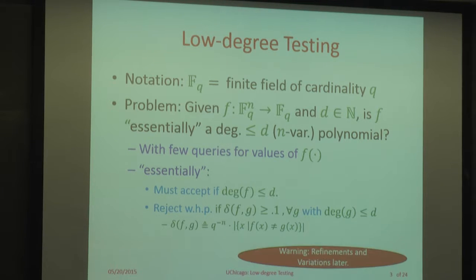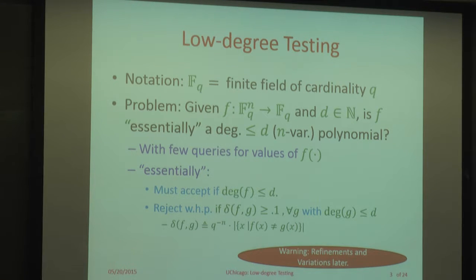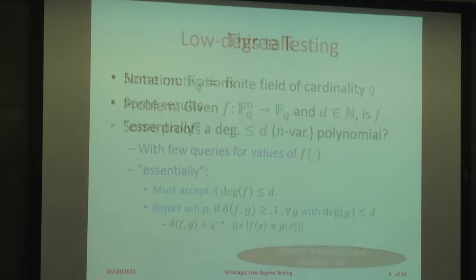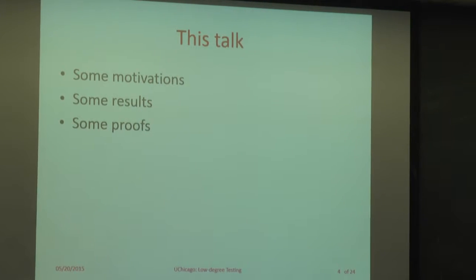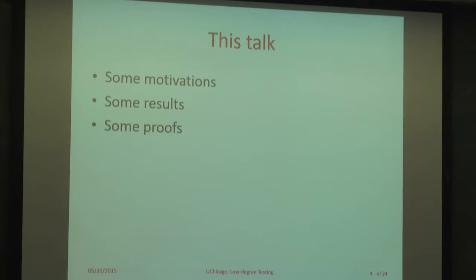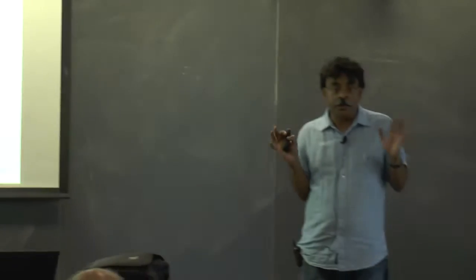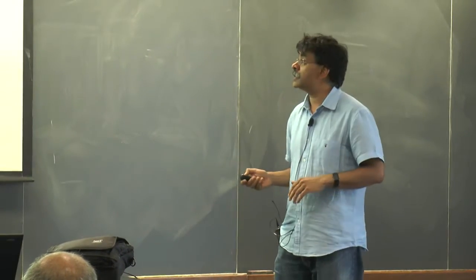All right. So there might be a few variations and some specific refinements later, but this is the broad class of questions that we would like to answer. So in this talk what I would like to tell you is why we study this kind of question, a little bit of motivation for why this thing, and even why over finite fields. It actually turns out it is not a question without applications.